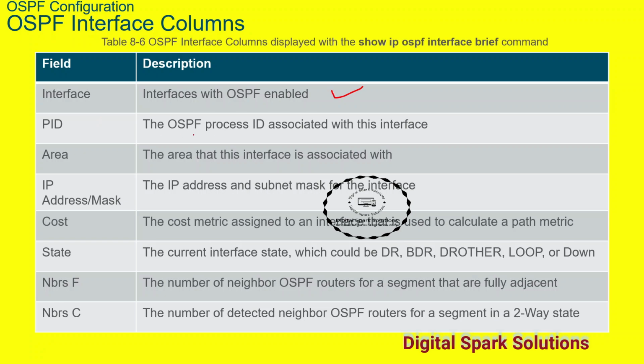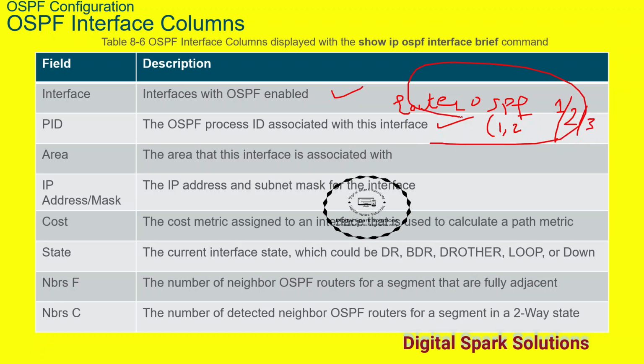and the PID, the OSPF process ID associated with this interface, either 1, 2, 3, whichever we selected under router OSPF.